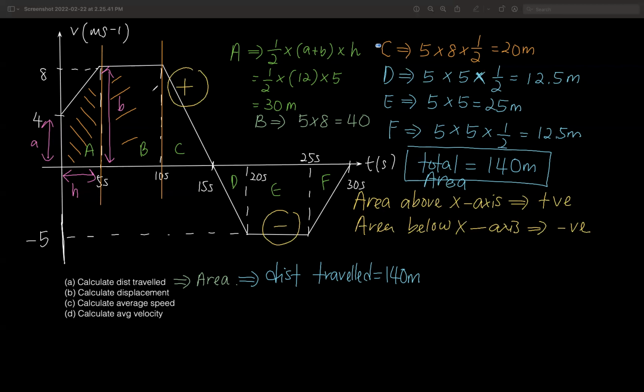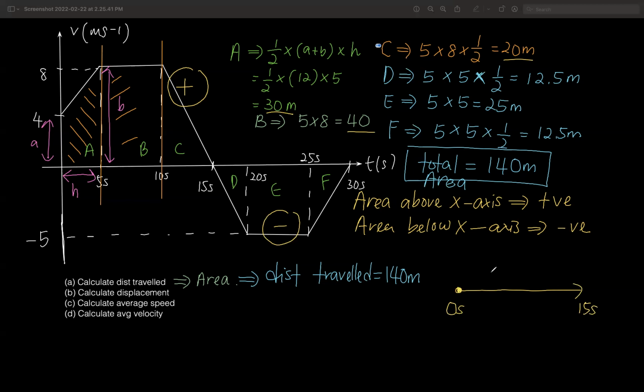Here, if I add up the area ABC, 30, 40, and 20, that means from 0 second to 15 second, the object is moving at a distance of, in one direction, this is all in one direction.